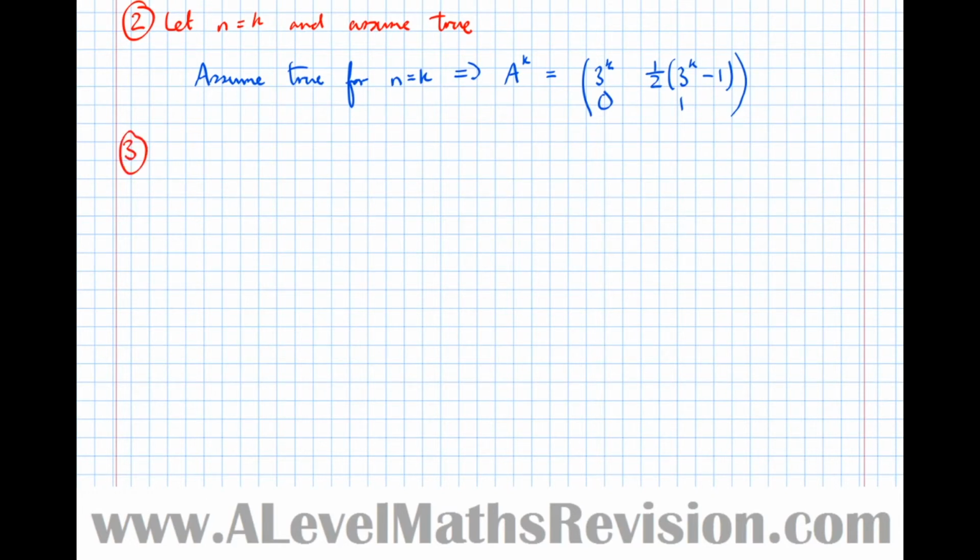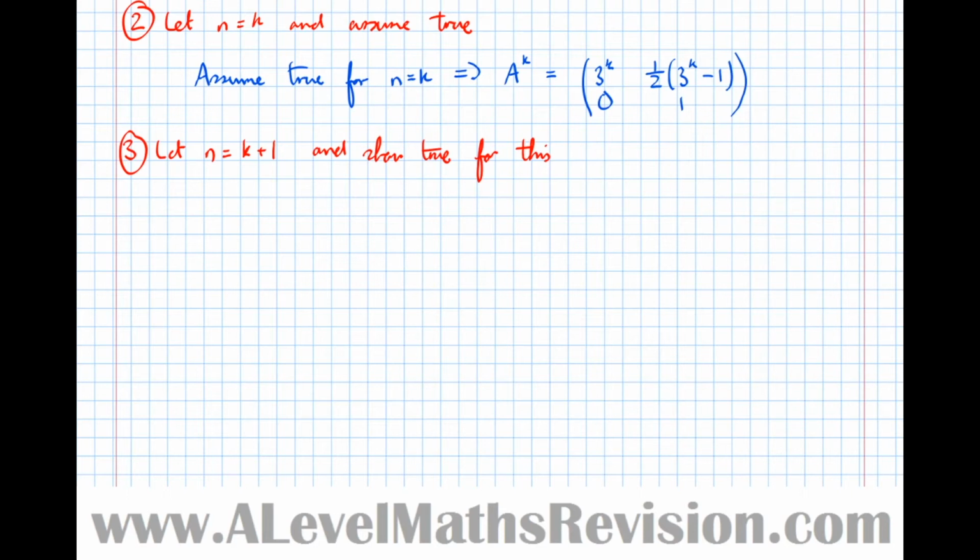Okay, so then step 3, what we need to do is let n equal k plus 1 and show true for this. And the first thing we should do is write down what we're targeting, the expression that we're targeting. Our target expression is always the assumption with k plus 1 subbed into it.